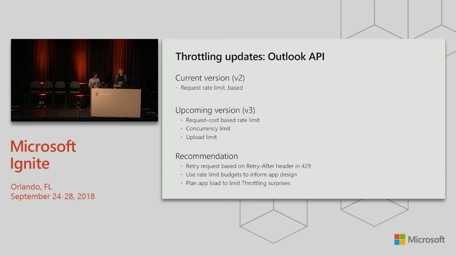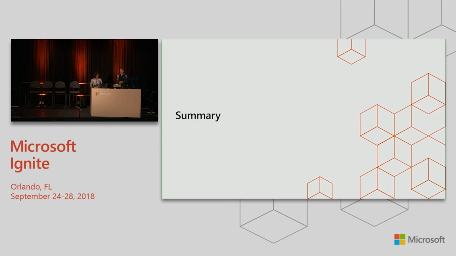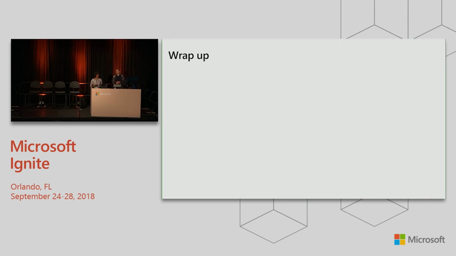Then use the rate limit and the costs that we are going to publish for the applications in order to inform your app design. So keep this in mind as you design your applications, and also plan how your app is going to generate load so that there are no throttling surprises that you will encounter. So with that, we are towards the end.